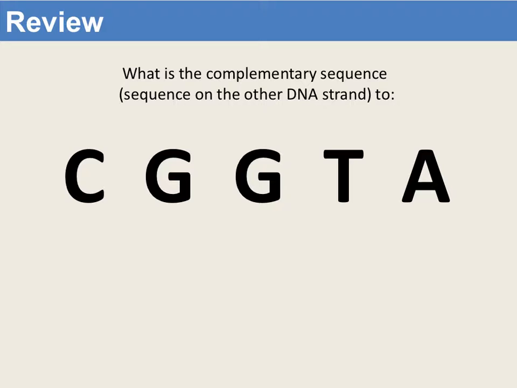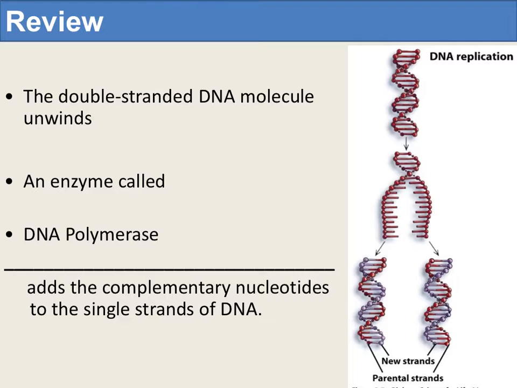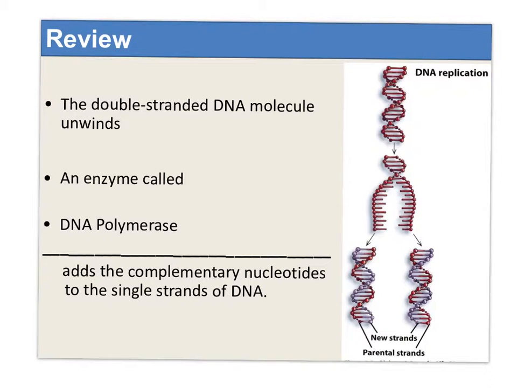So what's the complementary for this? Which one for this? G, C, C, A, T. Right? Okay. DNA polymerase. The double-stranded molecule unwinds, and an enzyme called DNA polymerase then adds complementary nucleotides.